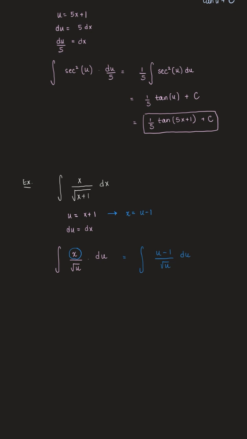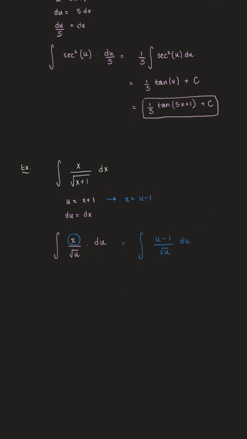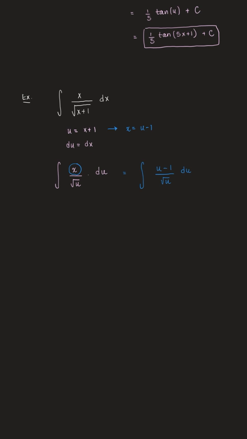So we are in a better position now that we have the two terms in the numerator over the same denominator. And the way that I'm going to handle this is by separating this into u over the square root of u minus 1 over the square root of u. I've separated the numerator over the same denominator.